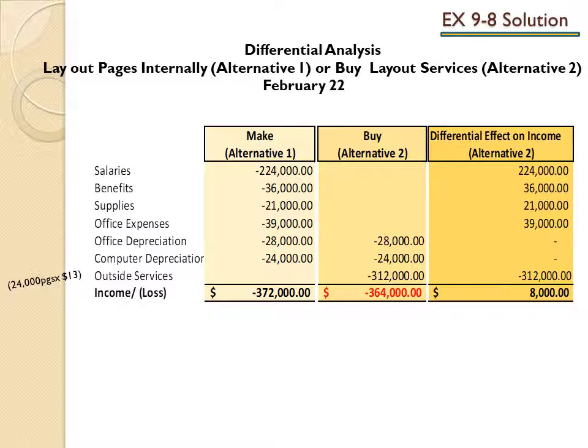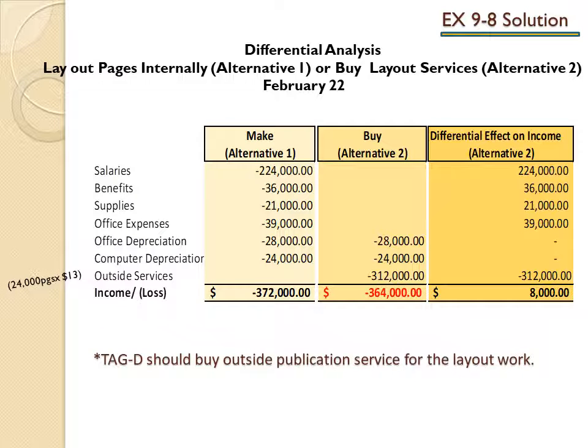So, the differential effect on income, if we were to choose alternative 2, we will have an overall favorable effect by $8,000. So our decision is that TAGD should buy outside publication service for the layout work.